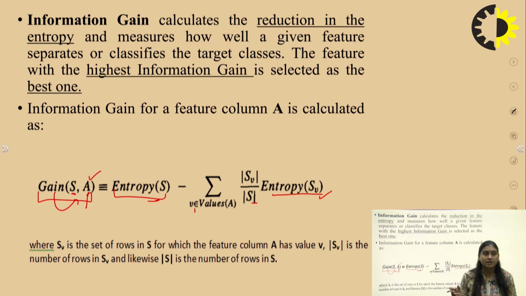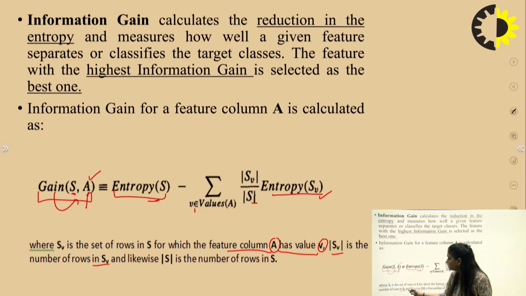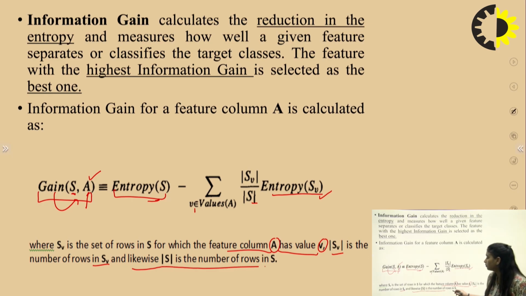So what is this Sv? Sv is the set of rows in S for which the feature column A has the value v, and the size of Sv is the number of rows in Sv, and likewise the size of S is the number of rows in S. So we will see all these calculations with the help of an example.